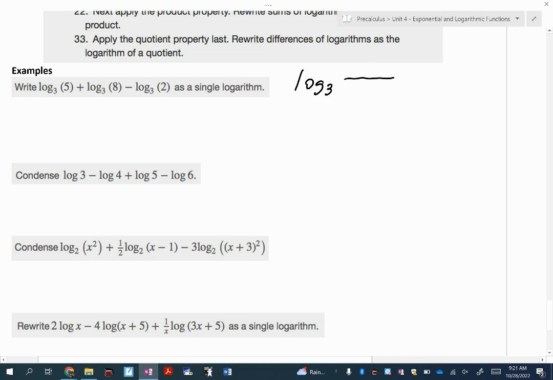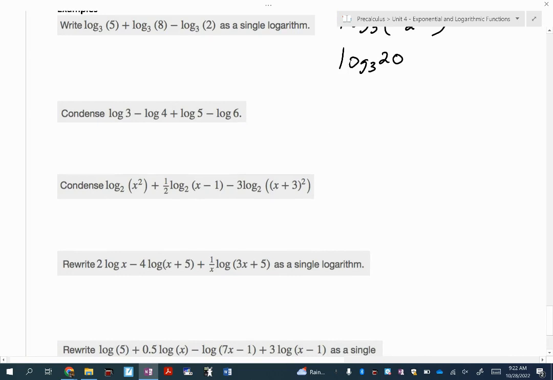On top, I've got 5, because it's a positive in front, times 8. And then in the bottom, I have 2. So that argument, because of that subtraction, goes in the bottom. So this is going to be the log base 3 of, let's see, 40 divided by 2 is 20.